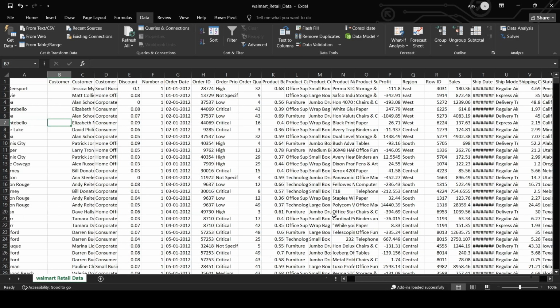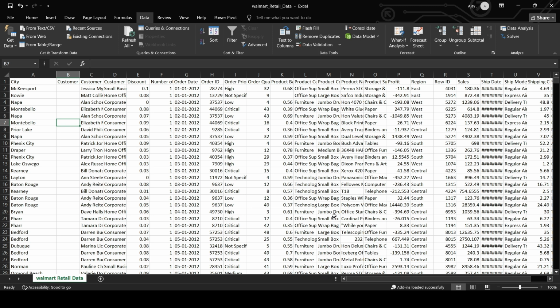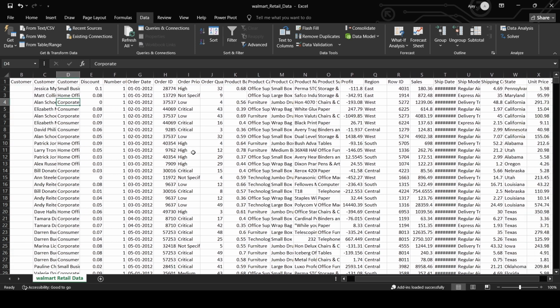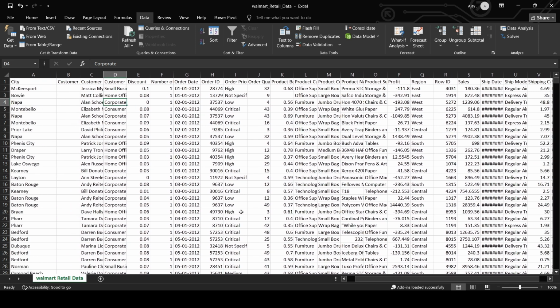This was a raw dataset. I uploaded this dataset in Power Query of Power BI. I imputed the missing customer age values with the average. And after that, this was a single table.